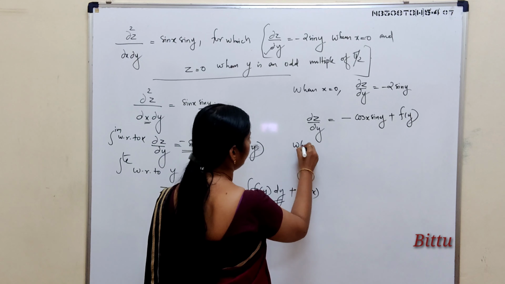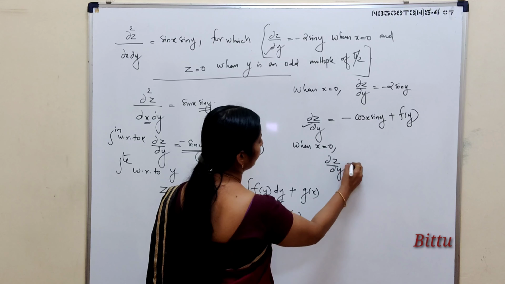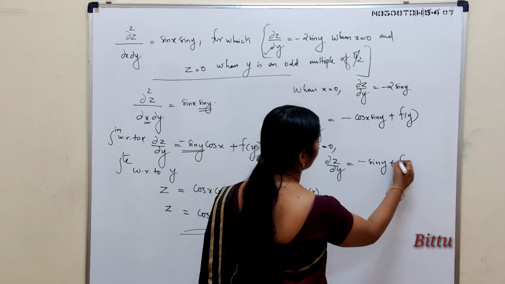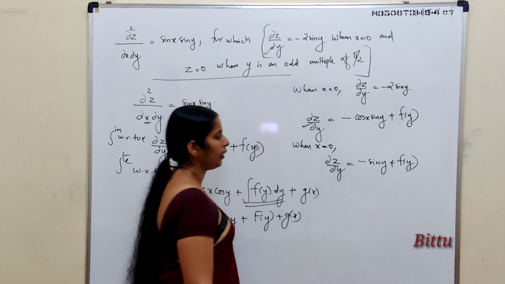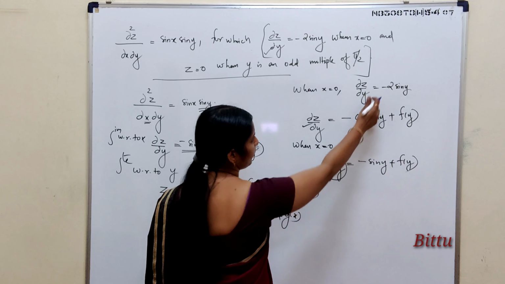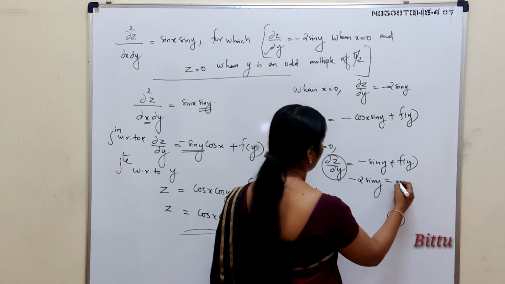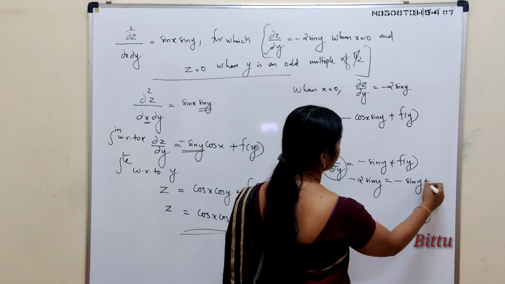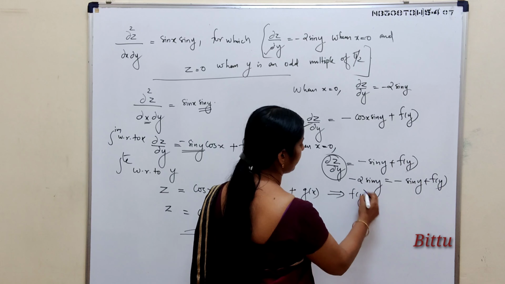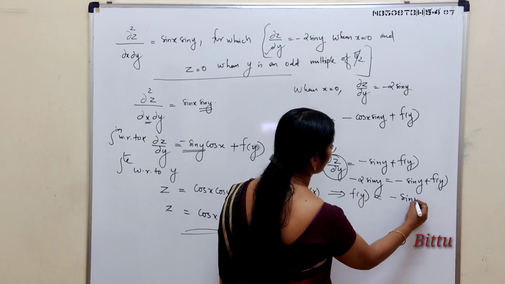When x equal to 0, here del z by del y is minus sin y plus f(y). Given when x equal to 0, del z by del y is minus 2 sin y. So minus 2 sin y is equal to minus sin y plus f(y), which implies f(y) is equal to, you take this to this side, minus sin y.